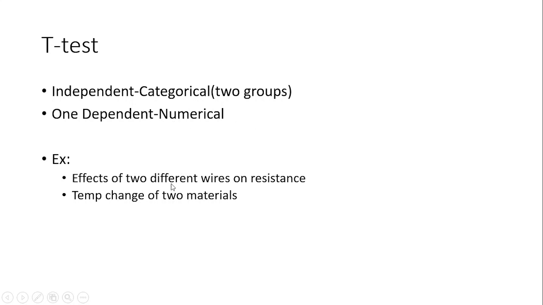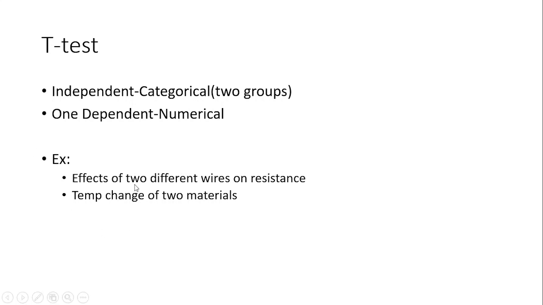Effects of two different wires on resistance. We have one independent variable to change the difference in wires, independent variable, categorical, and you probably measure resistance with a numerical value through amperes or something like that. You give volts, you measure amperes, you find resistance.